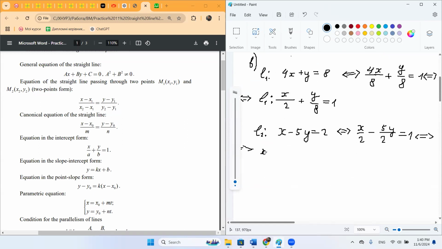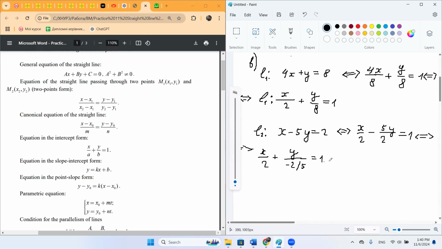The x addend is not changed, and we are rewriting this so that only y stands here, moving the numbers to the bottom: 2 by minus 2 by 5.